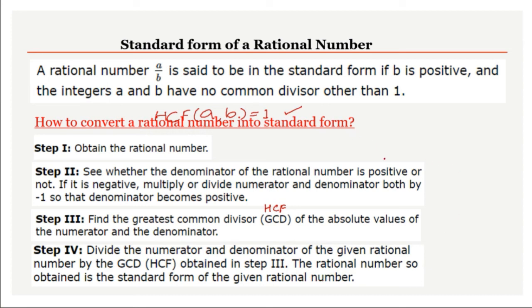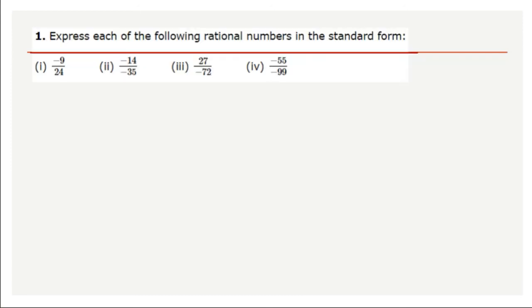You need not remember all these steps. We follow a few of these steps, which you can observe in solving questions. First question is to express each of the following rational numbers in standard form. The first one is -9 upon 24.